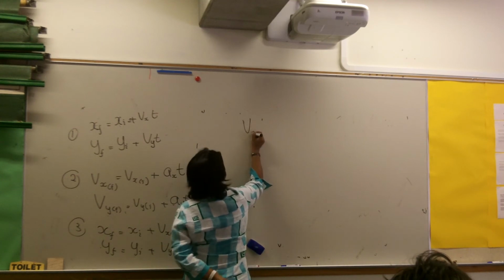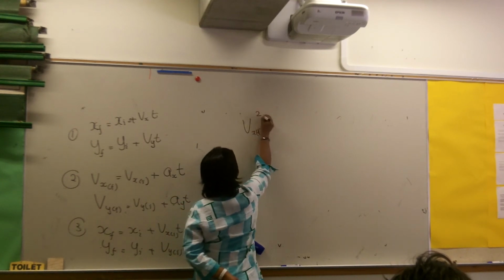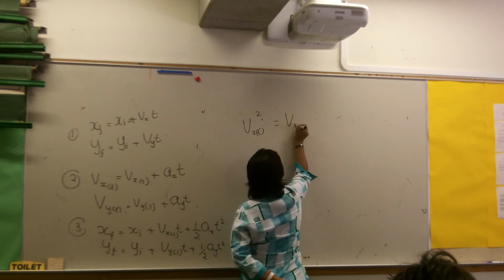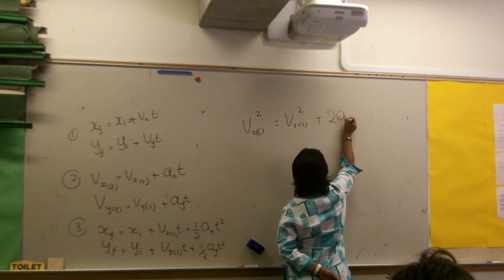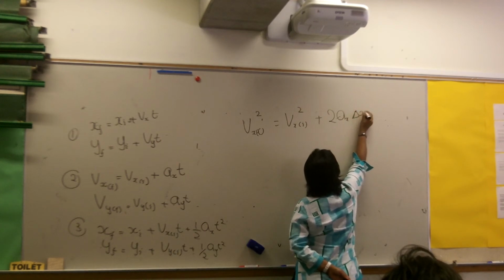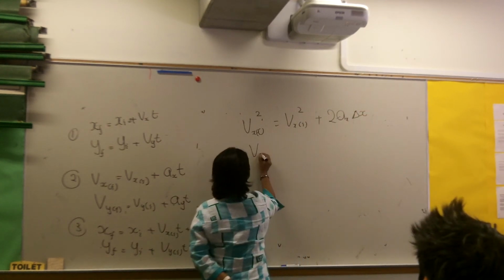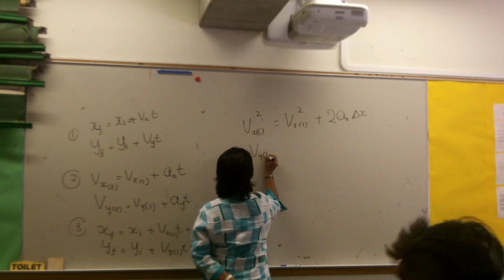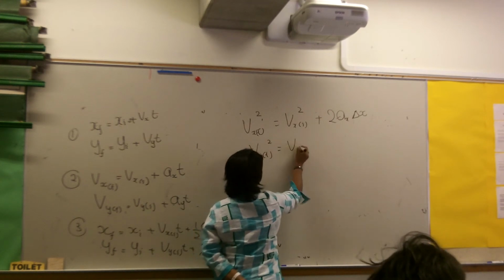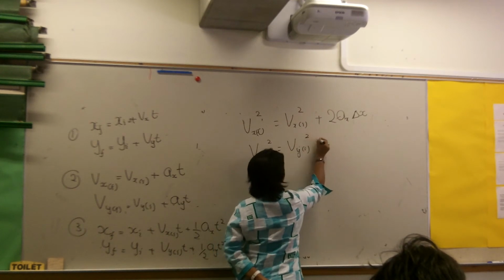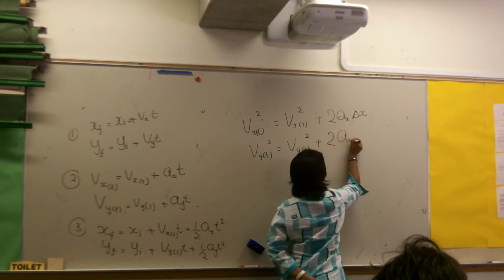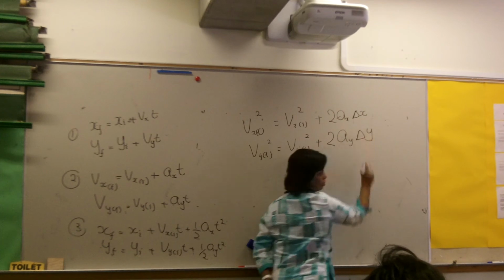Vx final squared is Vx initial squared plus 2ax delta x. Vy final squared is Vy initial squared plus 2ay delta y.